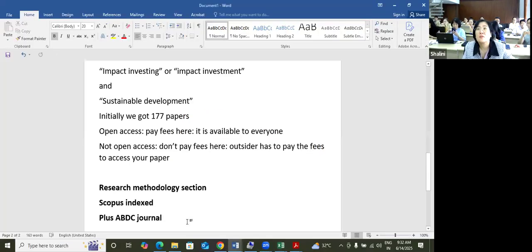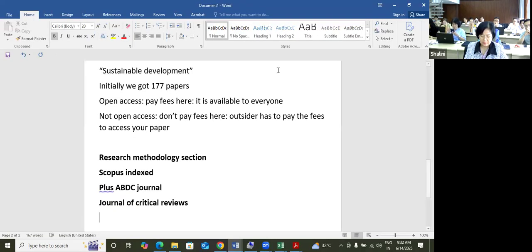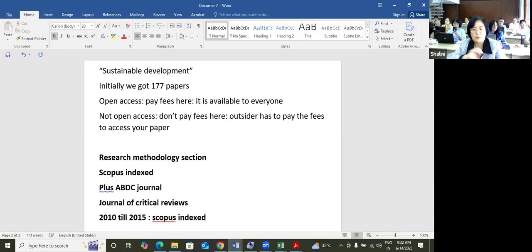There is a journal called the Journal of Critical Reviews. I'm giving you an example in this regard. Let's say from 2010 till 2015 it was Scopus indexed and it was doing good.